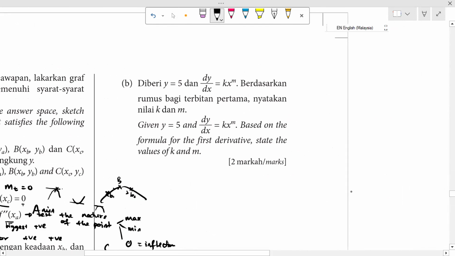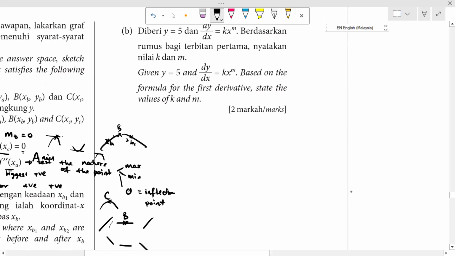Given that y equals 5 and dy/dx equals kx to the power of m, based on the formula for the first derivative, state the values of k and m. How? If your y equals 5, how do you find dy/dx? When your y equals 5, your dy/dx is?